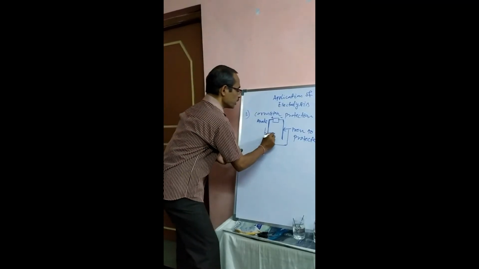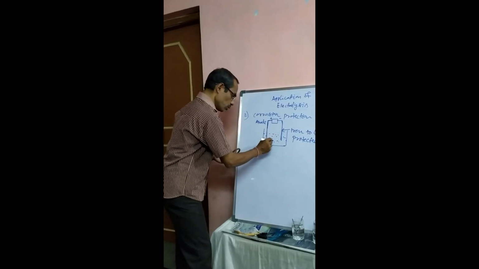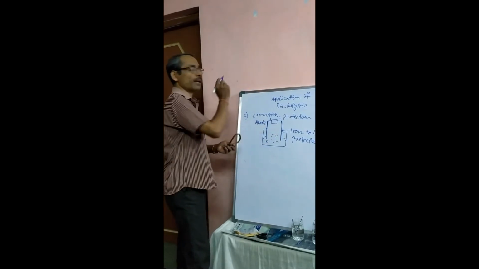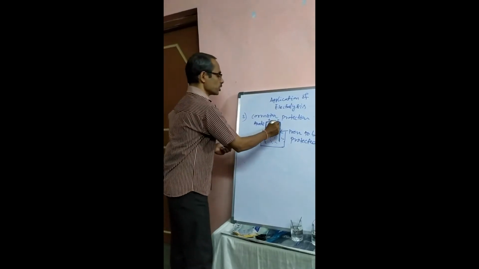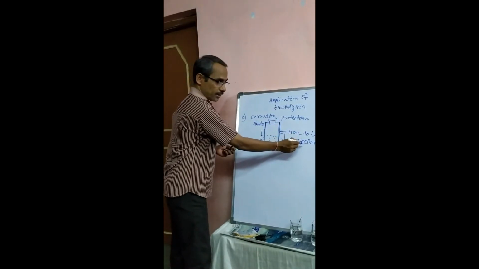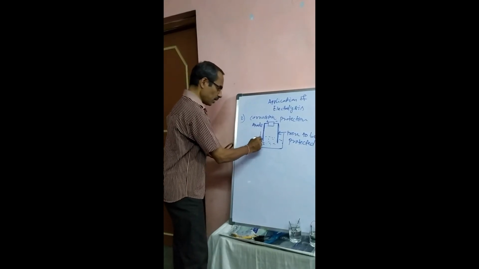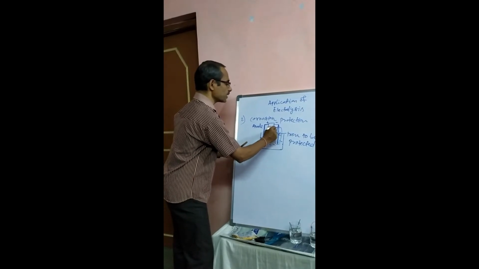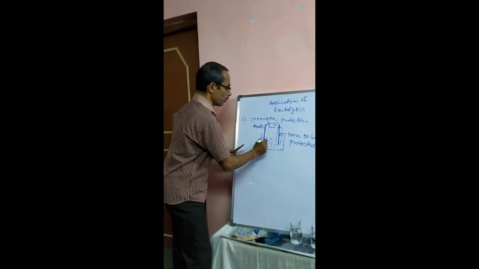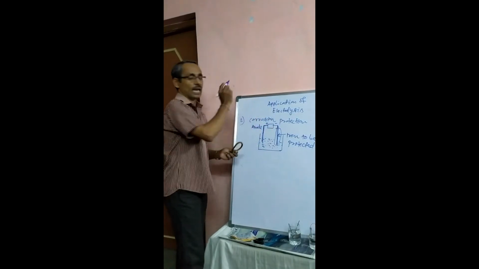And this electrolyte solution must be a solution containing ions of this metal. Got it, what I told? That means this is the iron rod to be protected, this is your other metal which is to be covered over its surface, and this liquid is an electrolyte containing the ion of this metal.